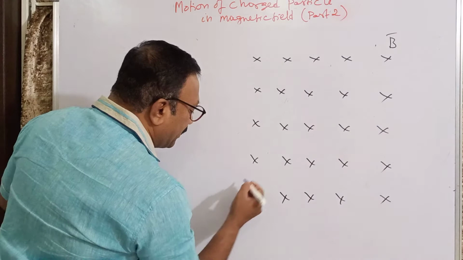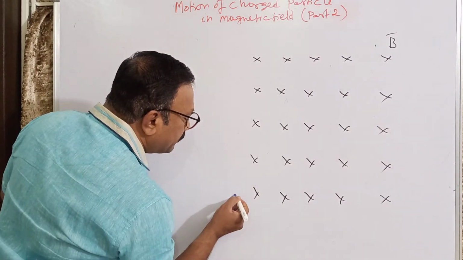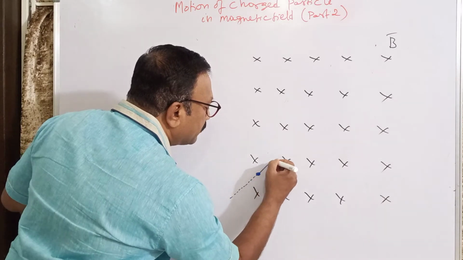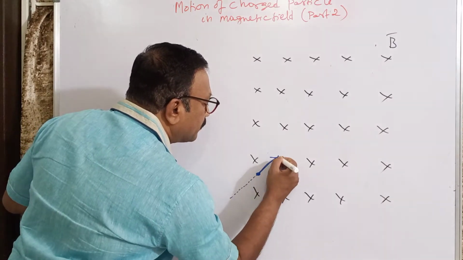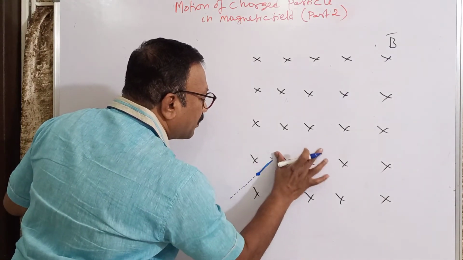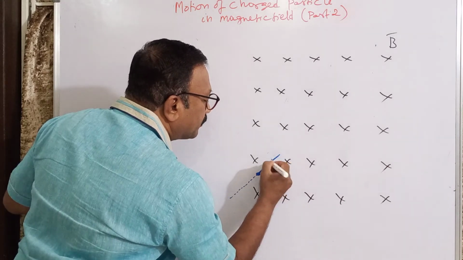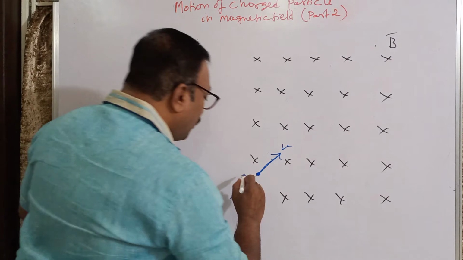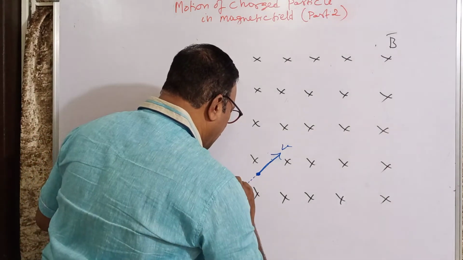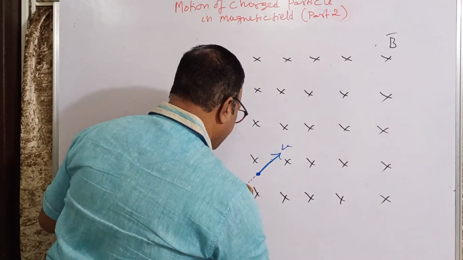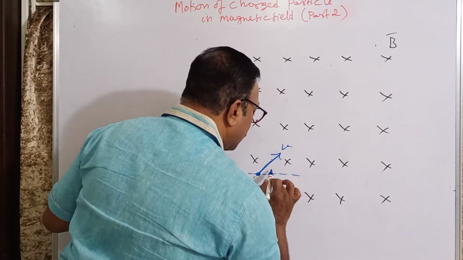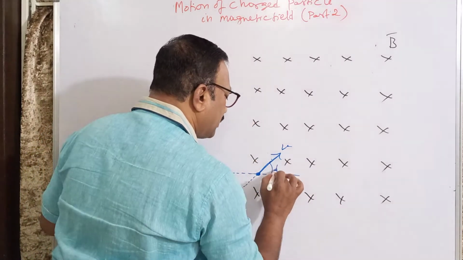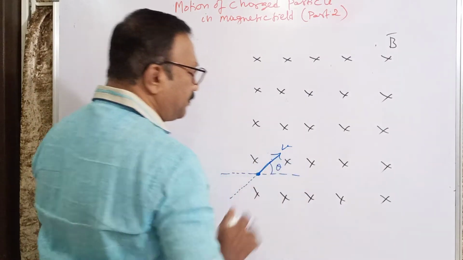I will tell you how it enters. This is the velocity v of the particle. With respect to the horizontal line, it is entering at an angle, say theta or alpha, whatever you take, no problem.